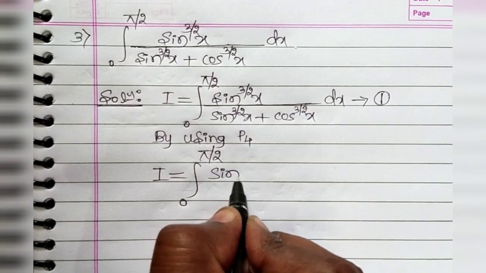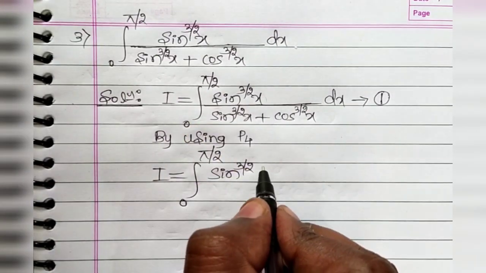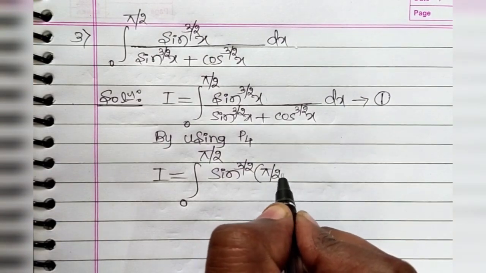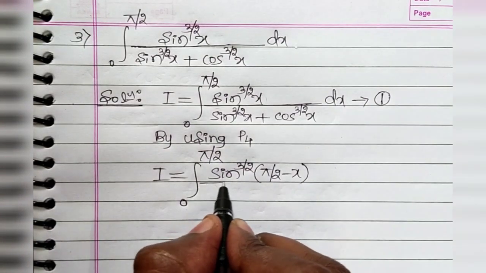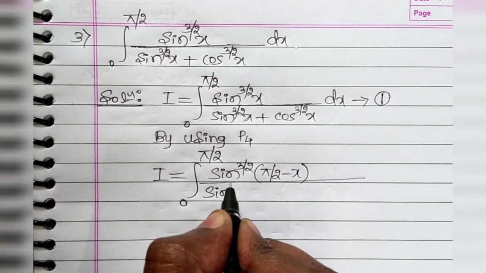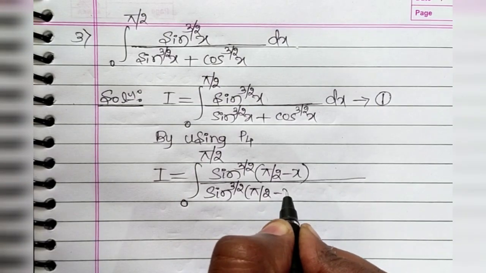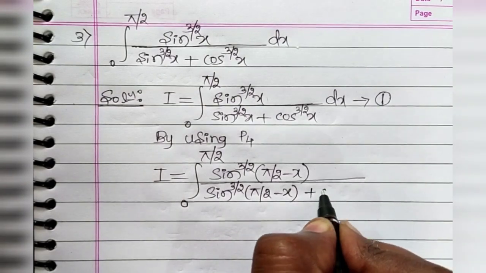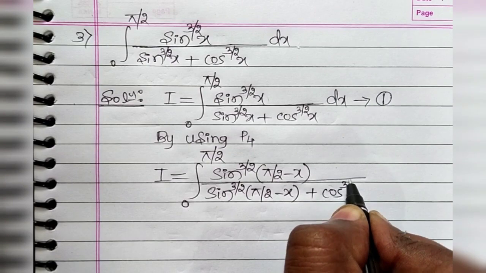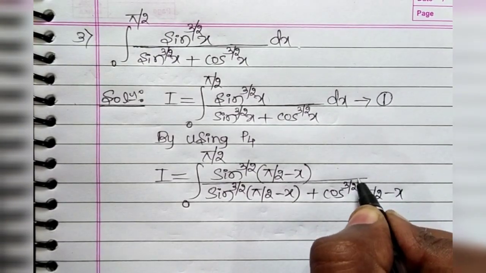So sine to the power 3 by 2, x can be replaced by a minus x. Here a is pi by 2, so pi by 2 minus x. Similarly, we have to change the denominator: sine to the power 3 by 2, then pi by 2 minus x, plus cos to the power 3 by 2, then pi by 2 minus x, dx.